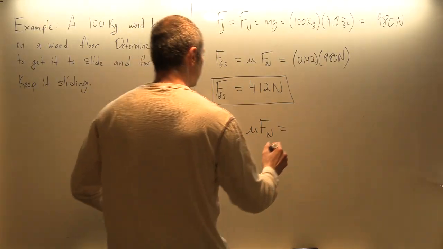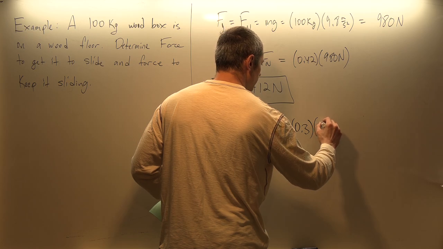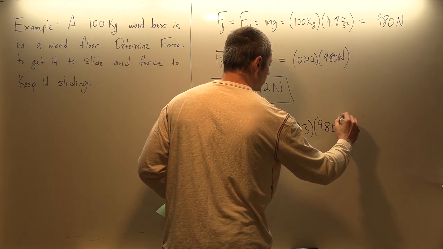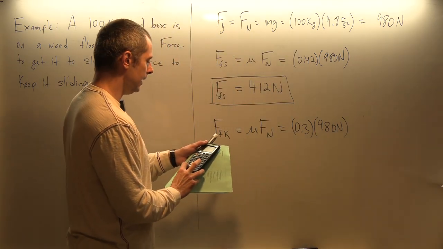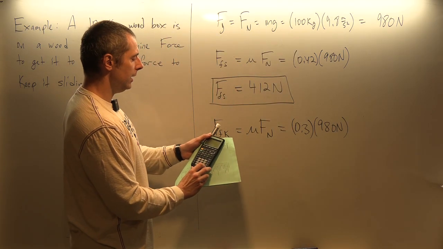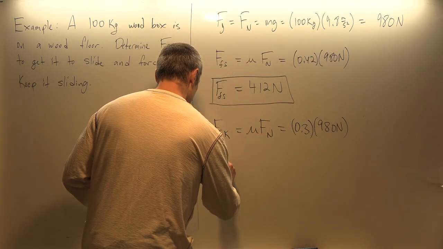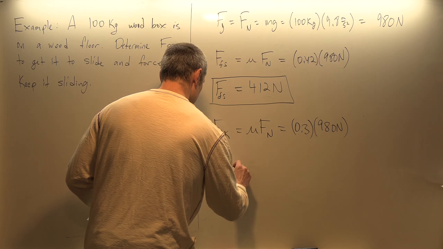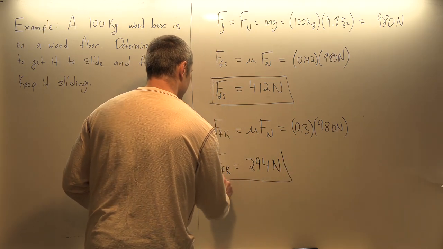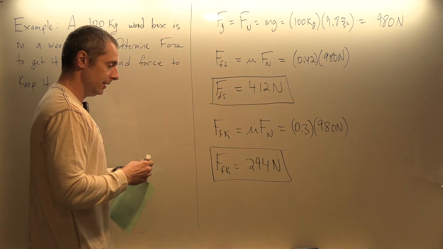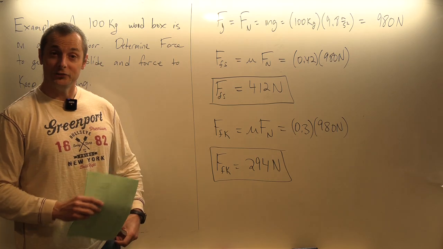So 0.3 times 980 newtons normal force. 980 times 0.3, enter, 294. Less to keep it sliding than to get it sliding. All right, let me pause to give you a moment to jot this down.